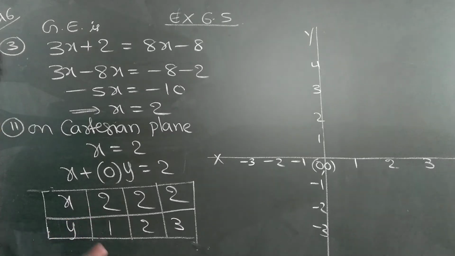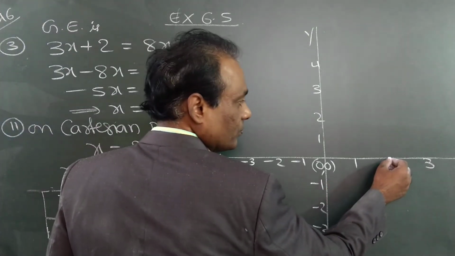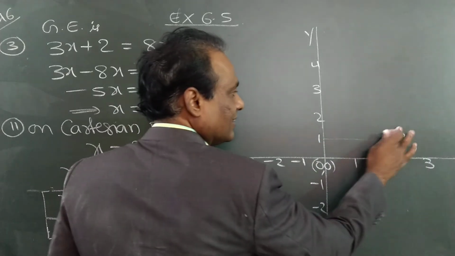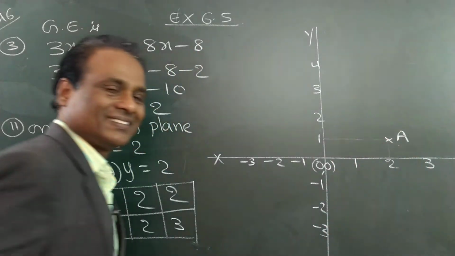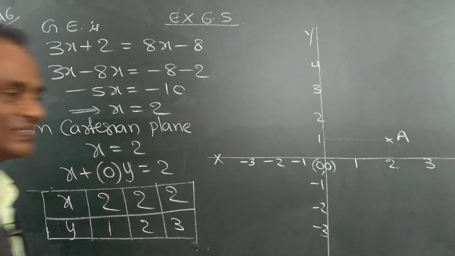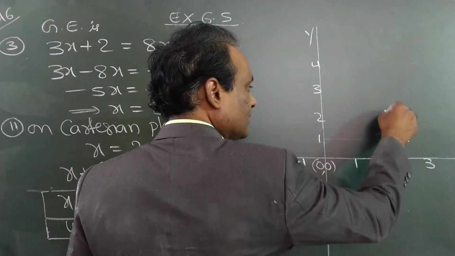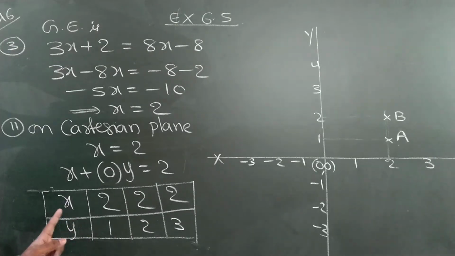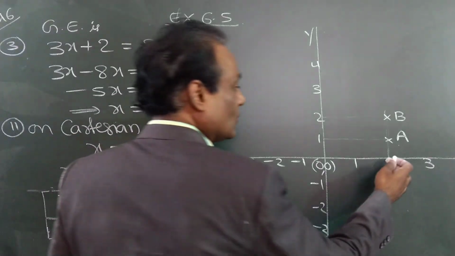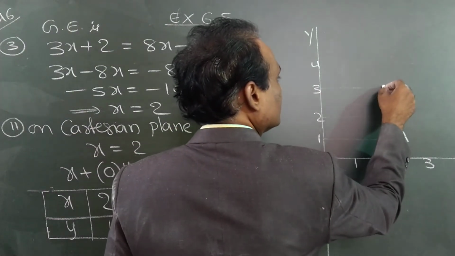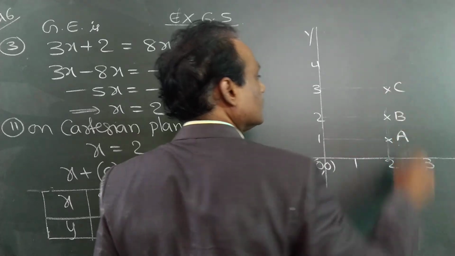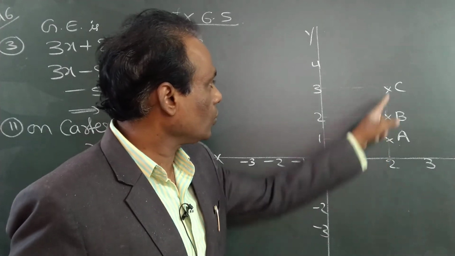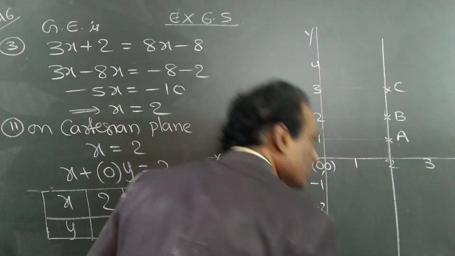See, x2, y1; x2, y2; x2, y3. So this is the line.